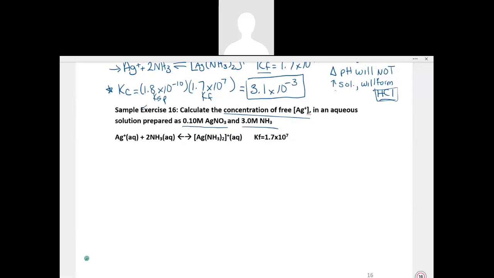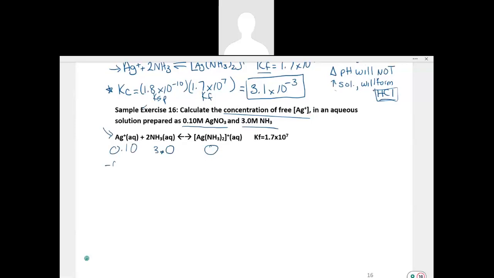We have our silver nitrate, which is already dissolved, so we only see the silver ions here because that's all that's going to react with our complex ion formation reaction. We have our silver ions, and we started with 0.1 molar. We have also started with 3.0 molar of our ammonia, and theoretically we'll have none of this complex ion formed yet.